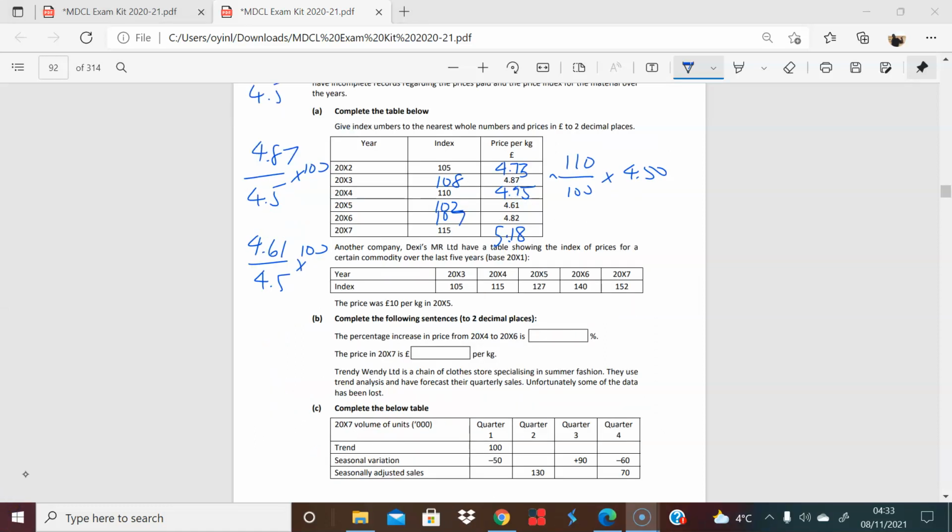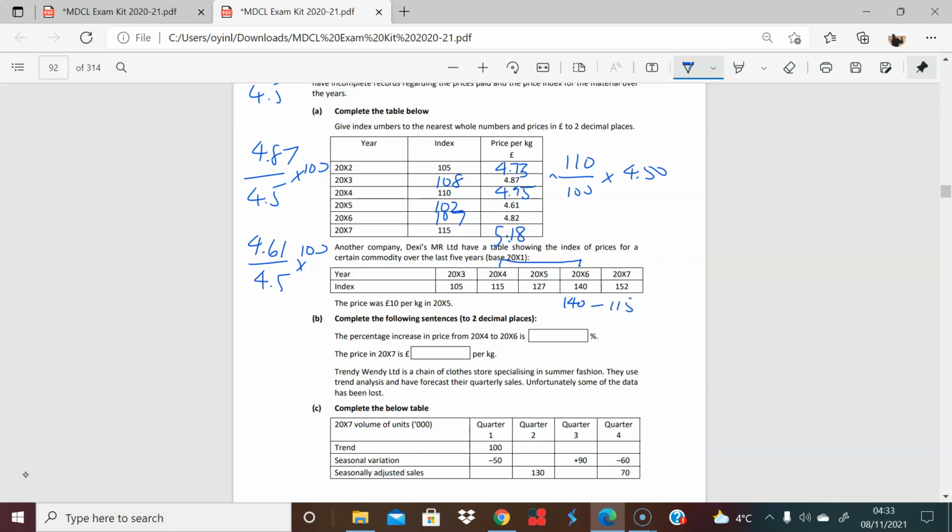Right, these are in the index, an index being given, and it tells you what is the percentage increase in price from 2004 to 2006. Well, we know what the index is, so we're asking for the change.